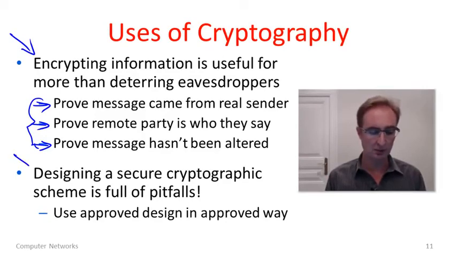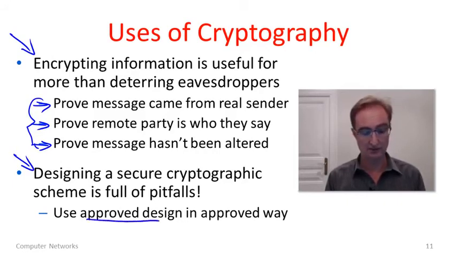I also want to make the point that designing cryptographic schemes, good ones, which are secure in terms of the properties we want, is very difficult. I don't think many of you would try and expect that you could go and design your own cryptographic scheme and put it to use and it would survive attacks. None of us are likely to do that. So rather, we're likely to use approved designs. And this is what you should do in any system.